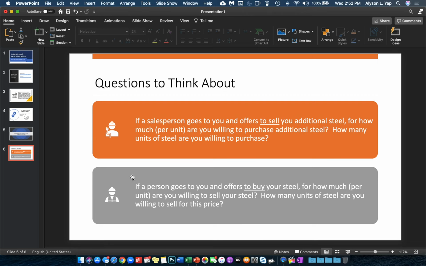So instead of you producing red and blue gadgets using these steel units, what if this person offers to buy your steel? So the question is, for how much per unit are you willing to sell your steel? And in this case, given that the price is favorable, how many units of steel are you willing to sell for this price?